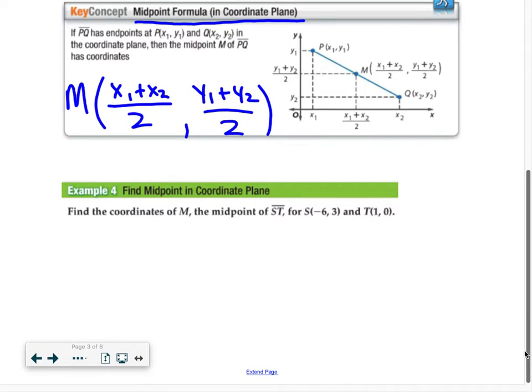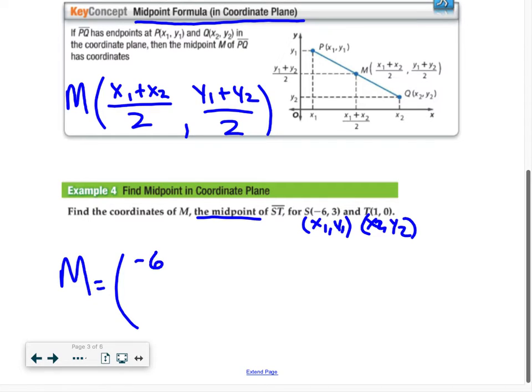Alright? So find the coordinates of M, the midpoint of ST, for S is -6, 3. So that's x1, y1. And T is 1, 0, so that's x2, y2. So the midpoint, again, is x1, -6, plus x2, 1, over 2.